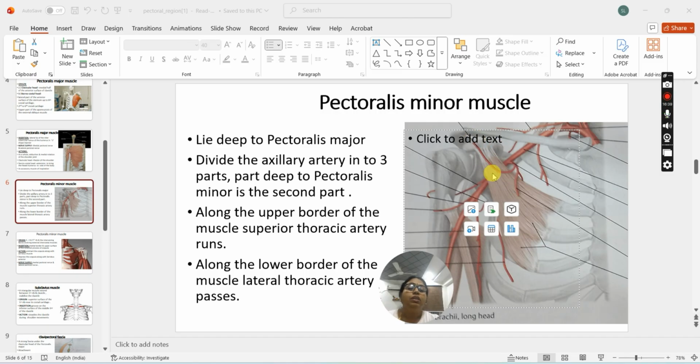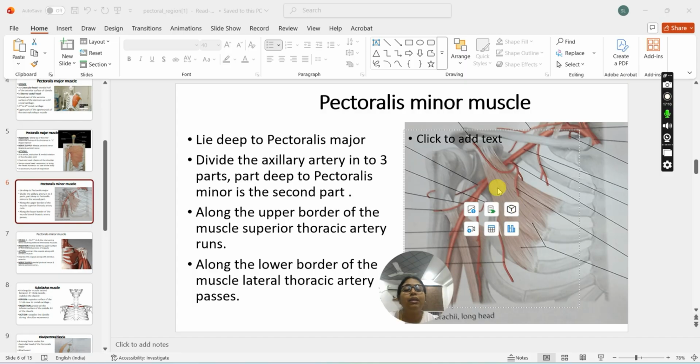Okay, done. Here you can see one artery running down. This is the artery of the upper limb. What is this artery? The axillary artery. You can see here the axillary artery is divided into 3 parts by the pectoralis minor: a first part or proximal part, which is proximal to the pectoralis minor; a second part, which is lying deeper to the pectoralis minor; and the third part or distal part, which is distal to the pectoralis minor.